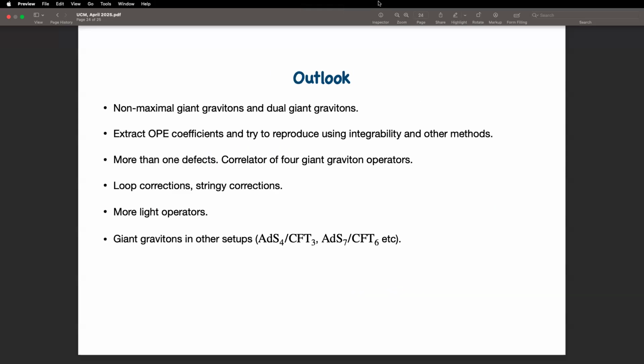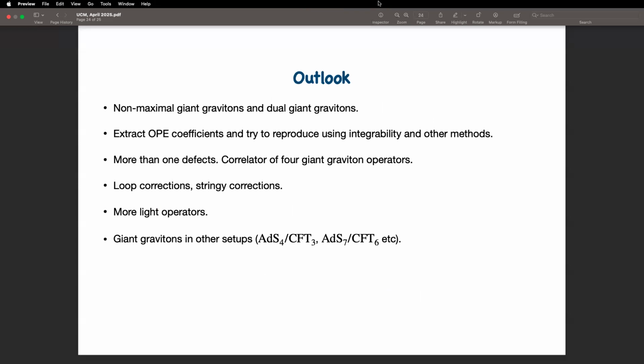Okay, so now let me wrap up my talk. I think there are many things we can try to explore along the lines of today's talk. First of all, in our paper we only looked at the so-called maximal giant gravitons, but we can also similarly look at the so-called non-maximal giant gravitons.